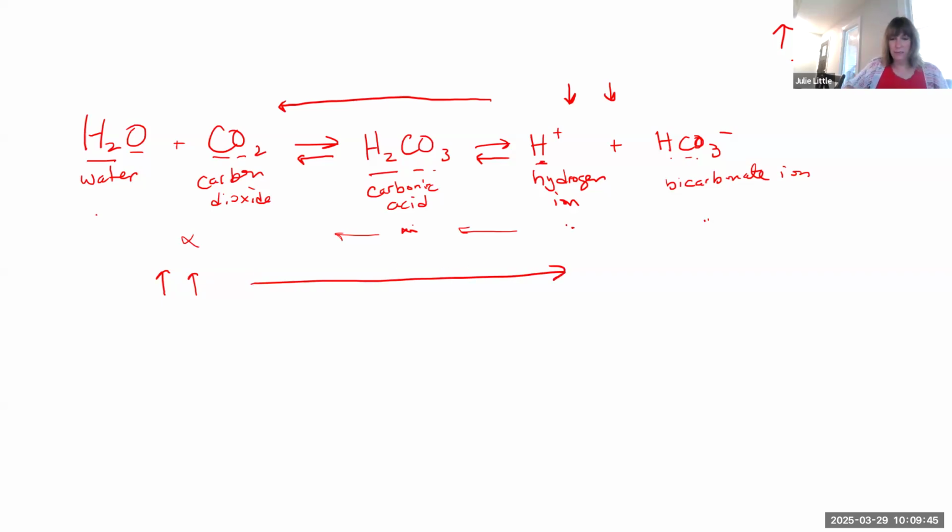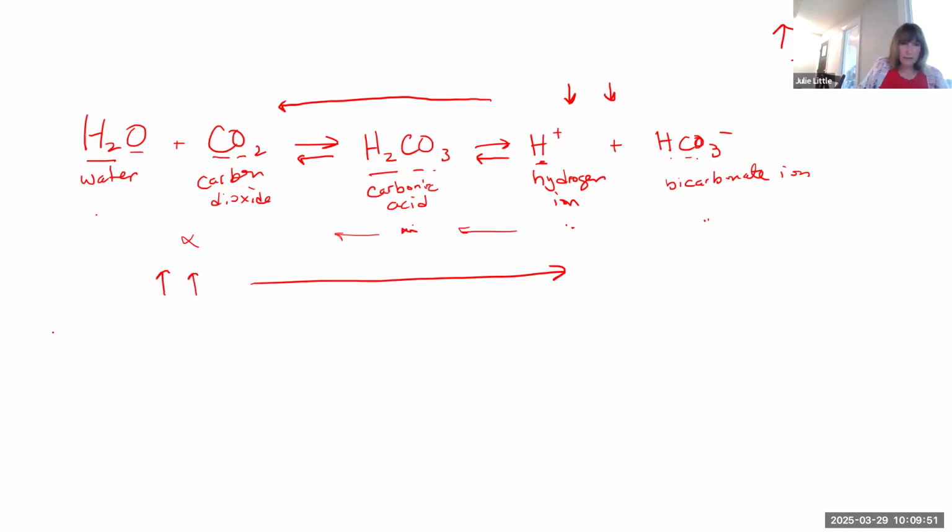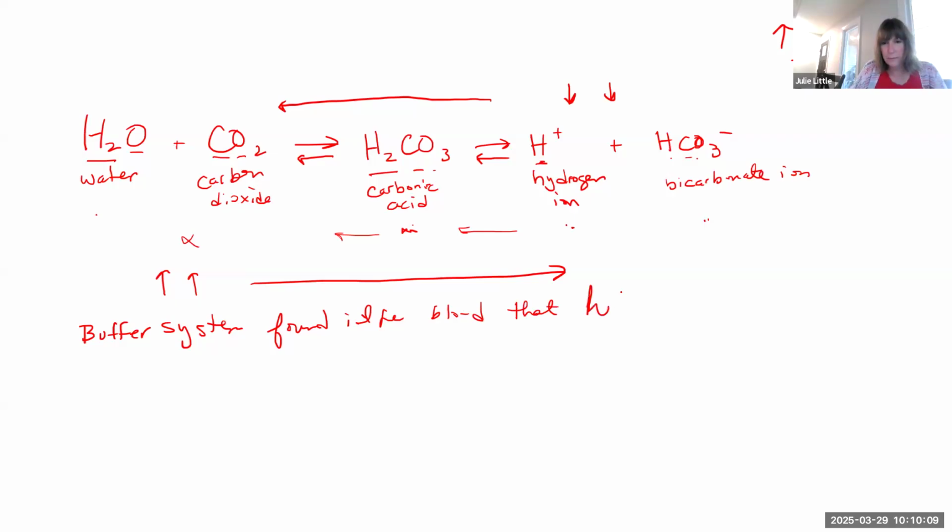So the first question says, what is the bicarbonate ion carbonic acid buffer system? It is a buffer system found in the blood that helps prevent radical shifts in pH.